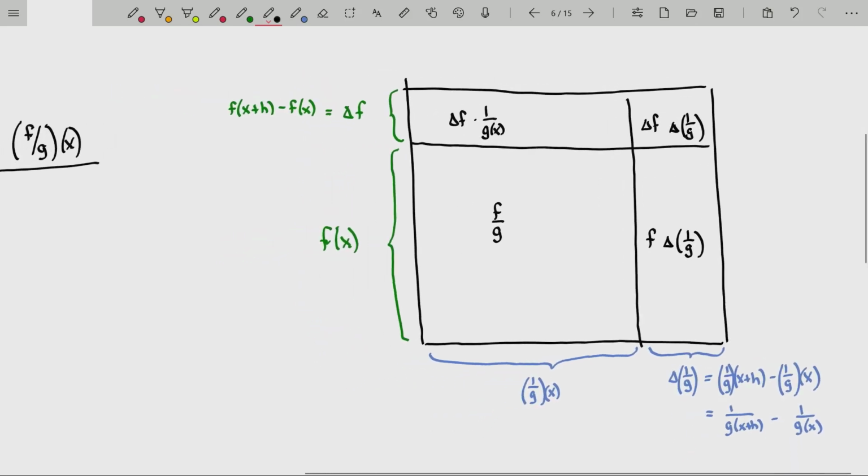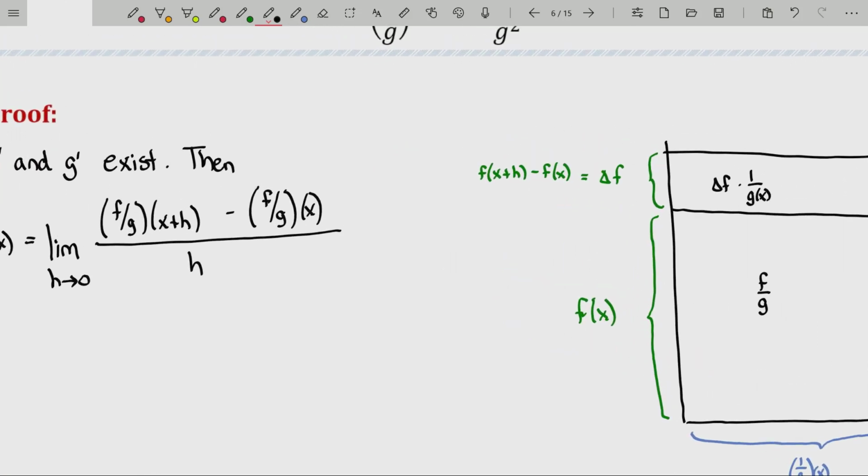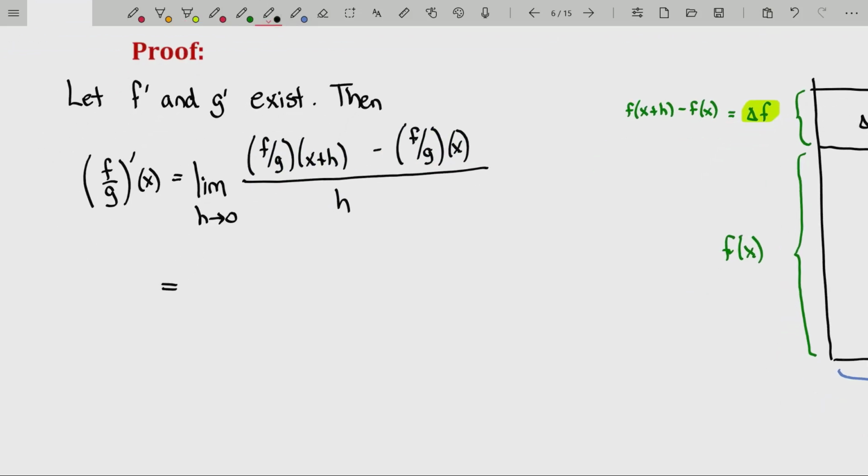All right, let's see what we could do here. If we've already defined our change in a function to be the function evaluated at x plus h minus the function evaluated at x, then the change in f over g must be this numerator by our definition. This mimics the proof of the product rule.